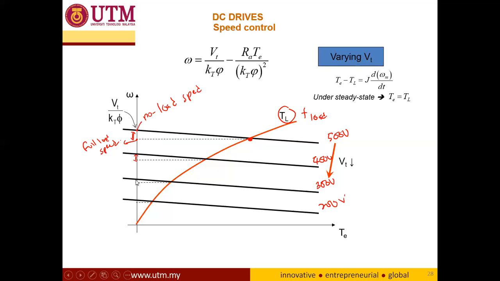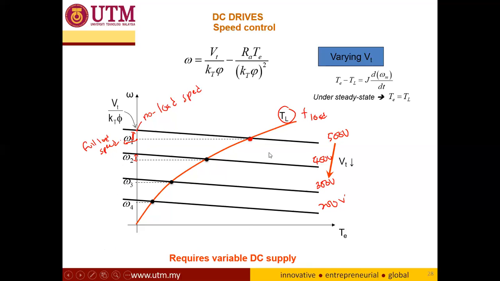That is one of the important points that we want to control. We don't want the difference between no load and full load to be very big. So this intersection is the speed for different input.